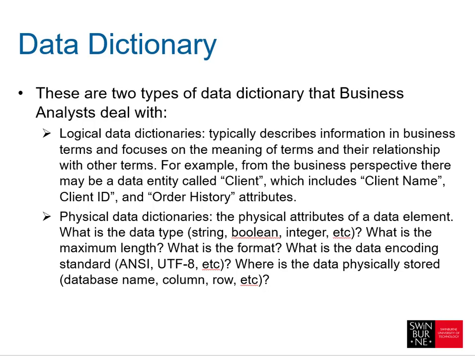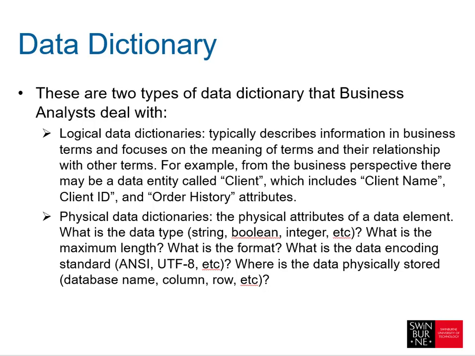When you identify the entities, for example a customer entity, it can include customer number, customer name, and addresses, maybe the orders that the customer has made, the relationship with other entities, and so on. All these things are called the logical elements, right?